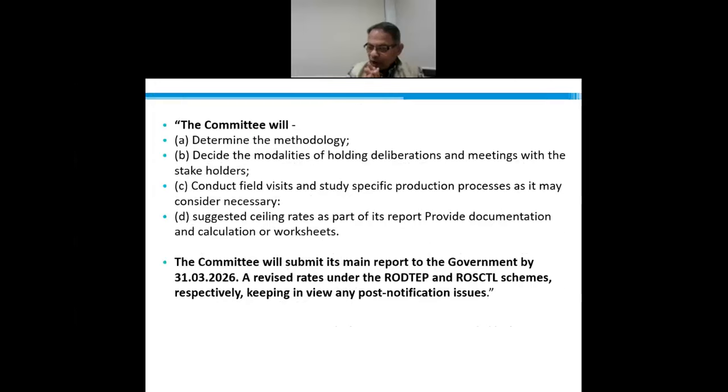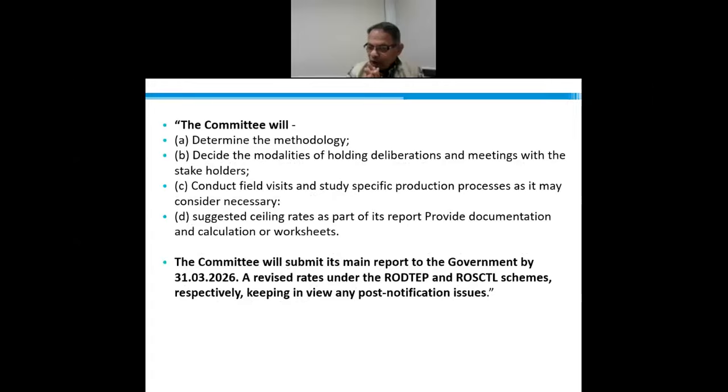The committee will determine the methodology, decide the modalities of holding deliberations and meetings with the stakeholders, conduct field visits and study specific production processes as it may consider necessary.